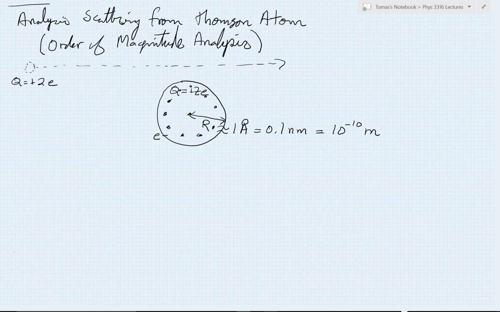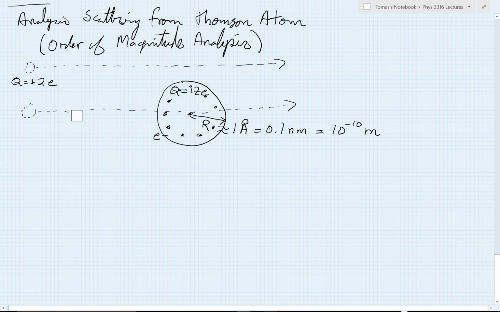The second extreme case is, well, what happens if I send someone dead on to approach my atom? So I'm going to send them in here like so, right down through the center of the atom. Now, in this case, if I think about the electric fields involved, there's as much positive charge above me as below me. My point, I guess, is first I've gotten through this outer electron shell. So now I actually can feel the very strong positive charge of my nucleus.